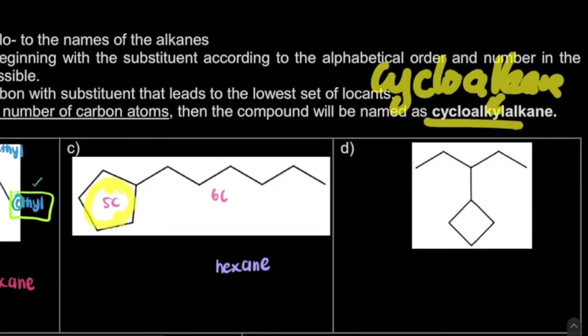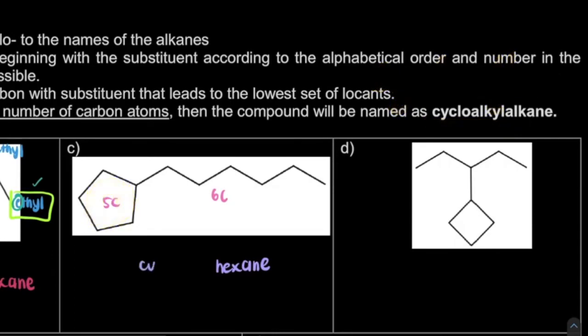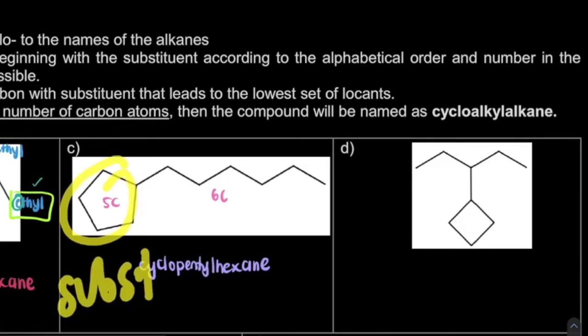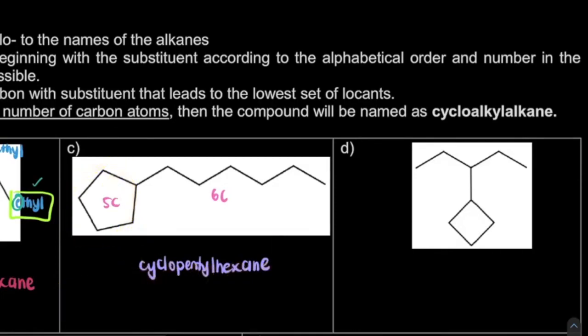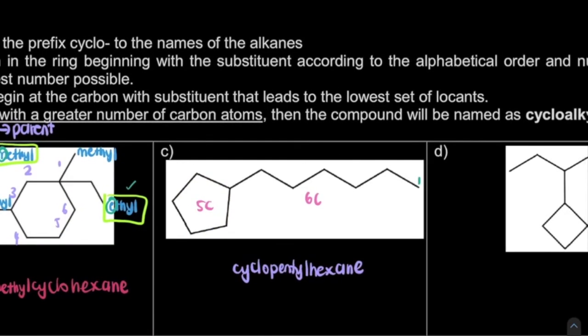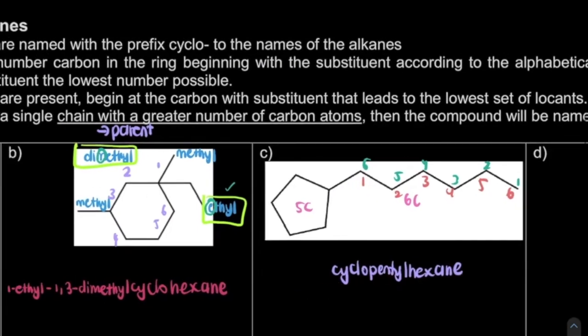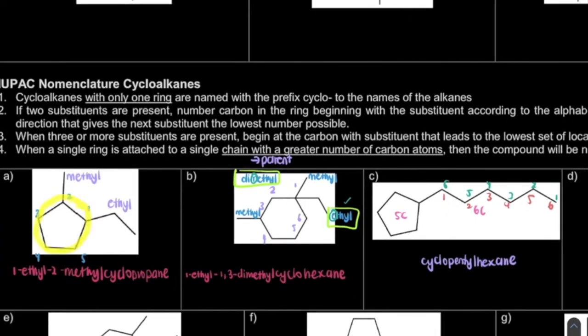So cyclic tu yang akan jadi kita punya substituent. So instead of cyclopentane, dia jadi cyclopentyl hexane. Kita bolehlah kira daripada nombor berapa. So if I count from my right hand side, it's actually number 6. But if I count starting from left hand side, dia dah 1 cyclopentyl hexane.